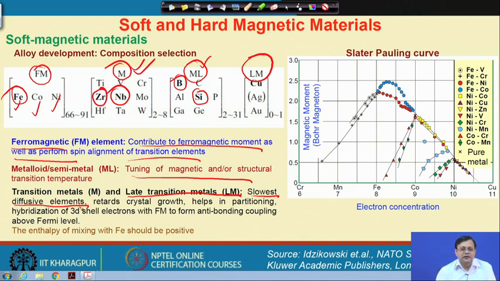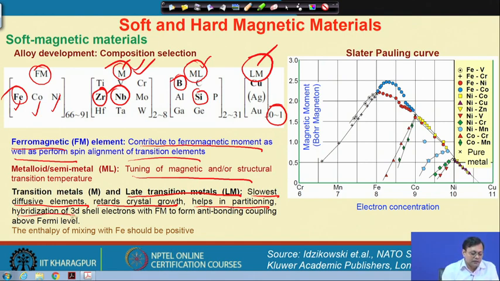So, copper, silver, gold, they are added in a very small concentration, but it basically assists. So, these two different types of metal assist the retardation of the crystal growth, because if we produce a nanocrystalline microstructure, there should not be any grain growth. So, that is very much important, as well as it helps in partitioning.